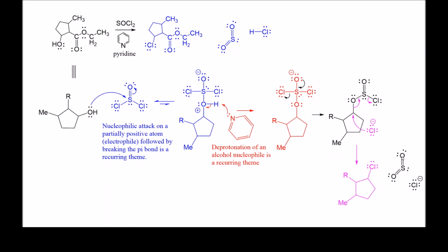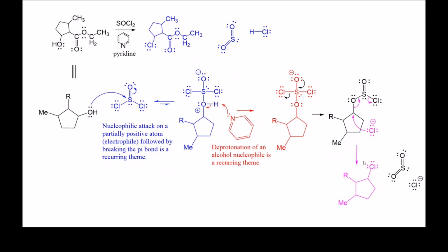Well, this is how we got the sulfur dioxide, and you'll notice that we produced chloride, but we have not yet produced hydrochloric acid. So I'll come back to that in a second. But first, the sulfur dioxide is a gas at room temperature. And because it's a gas at room temperature, that means that it floats away. As it floats away, it's no longer able to undergo a reverse reaction.